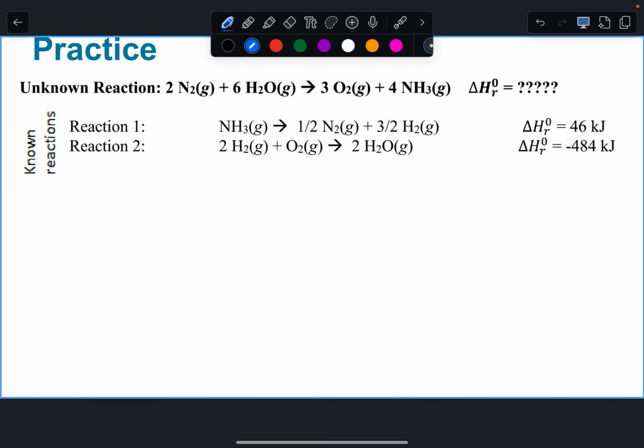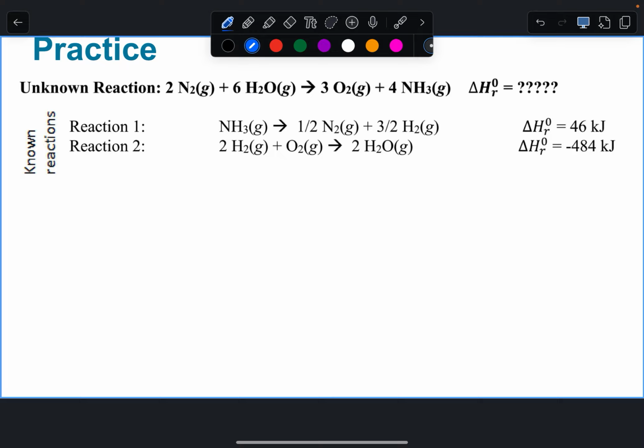Okay? So what we're going to do is attempt to manipulate these reactions. And by manipulate, I mean flip them around, reverse them, products to reactants, maybe multiply their coefficients, maybe add them together. We're going to do all these manipulations to try to make them look like the reaction we want.